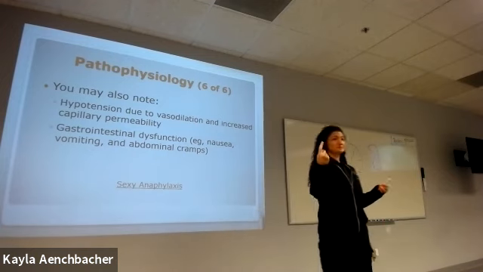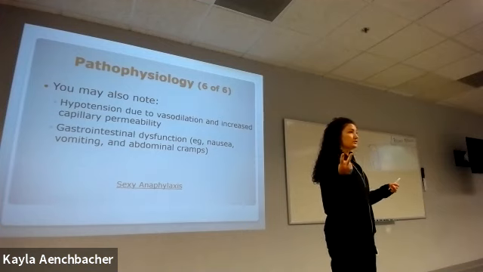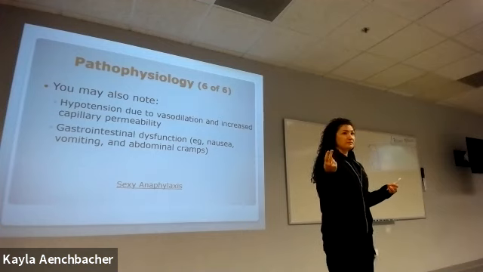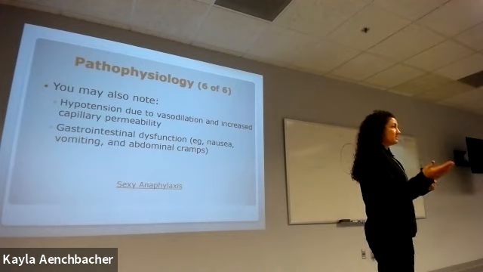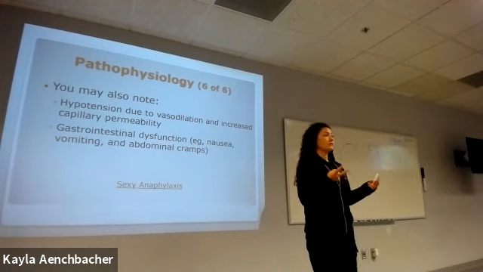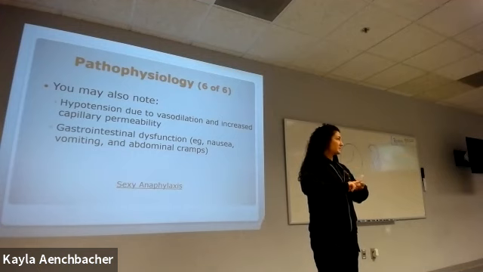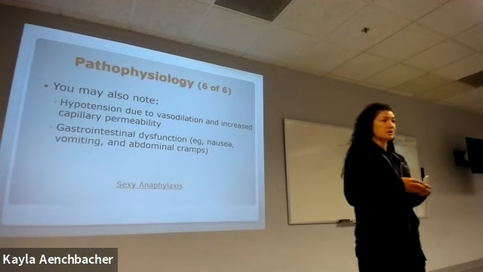Vasodilation and bronchoconstriction, right? We're trying to reverse that. So whichever way you flip-flop it, the mechanism of action of epi is a vasoconstrictor and a bronchodilator. So it literally does the exact opposite to the system that anaphylaxis causes.